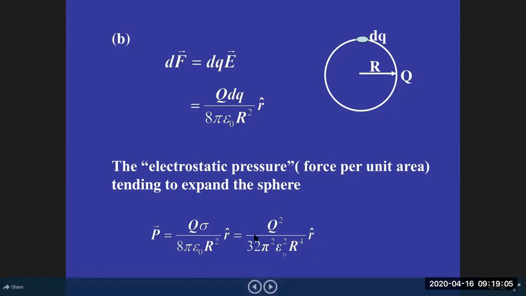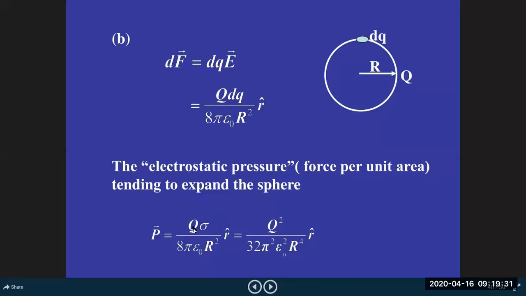So remember here, first of all, we have calculated force, and then we have to calculate pressure. When force is divided by area, that becomes pressure. So when you divide by area dA, because the charge on this one is dq and the area of this one is dA, dq upon dA is equal to sigma, the surface charge density.